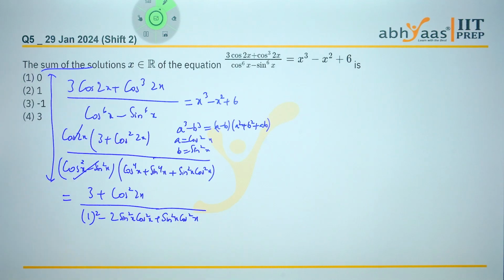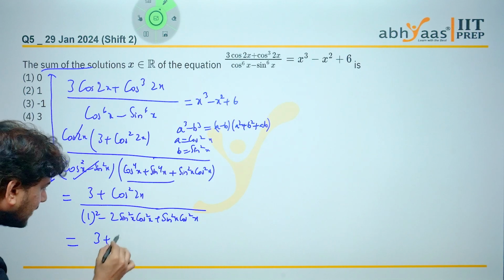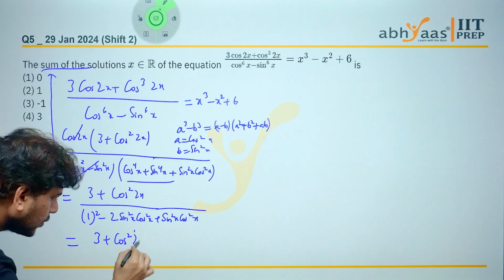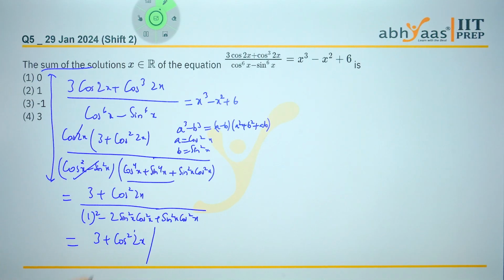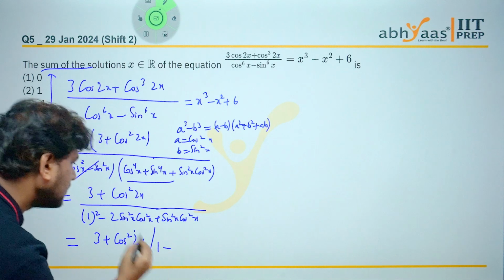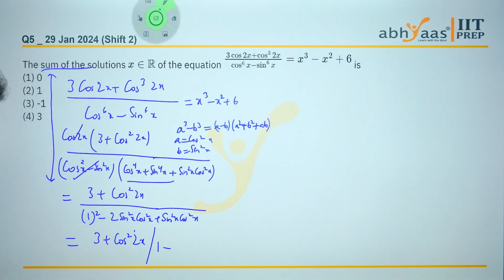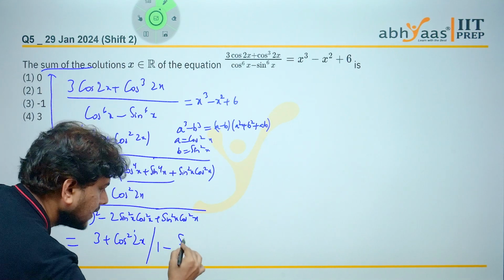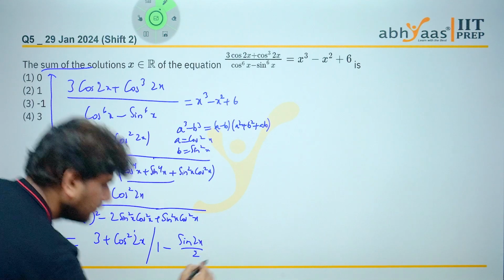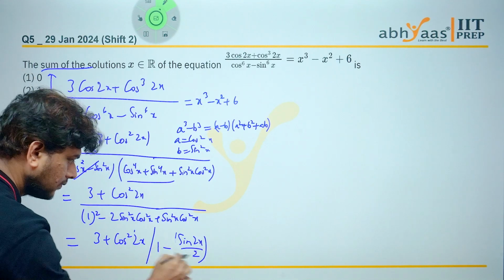Okay, for here a plus b whole square minus 2ab. So now we got 3 plus cos square 2x by 1 minus sin square x cos square x. I can write it as sin 2x by 2 whole square.